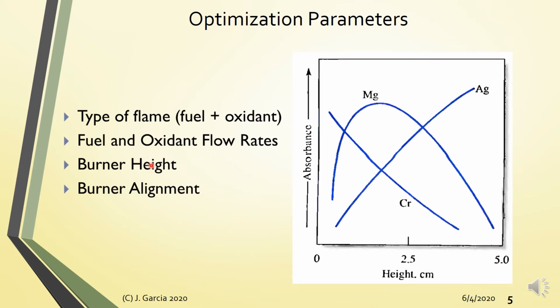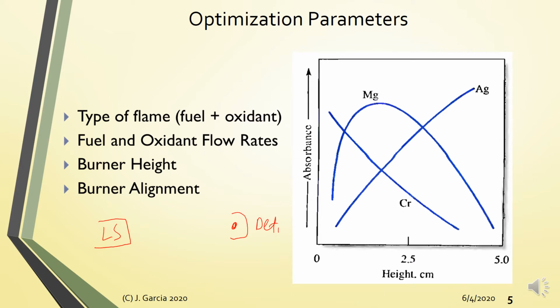Now, two parameters here in relation to your burner orientation: you have your burner height and the burner alignment. So maybe we can draw this one. Here, if you have your light source, your hollow cathode lamp, I'm just trying to simplify the illustration, then you have here the detector.